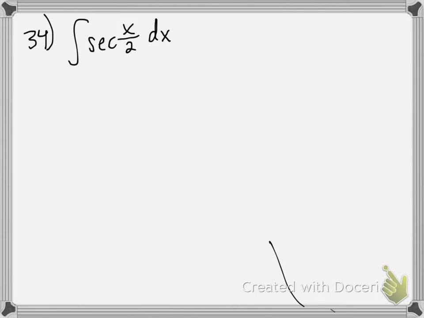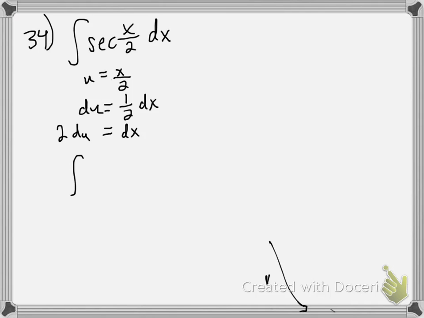Alright, let's see if I can do this without screwing up. Let u equal x over 2. So du is 1/2 dx. So dx equals 2 du. Substitute secant of u, and then dx is 2 du.